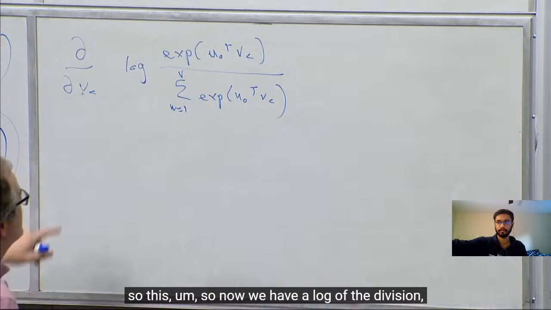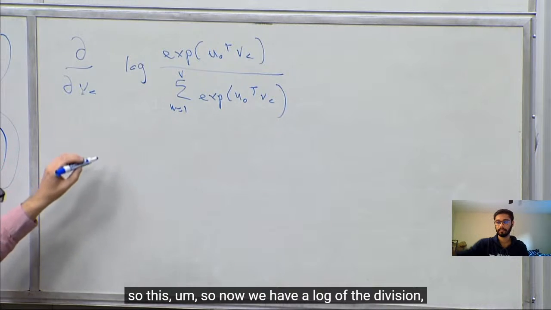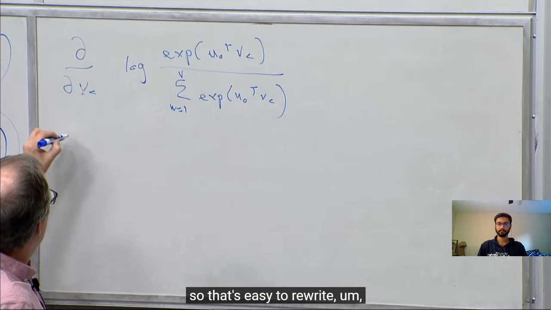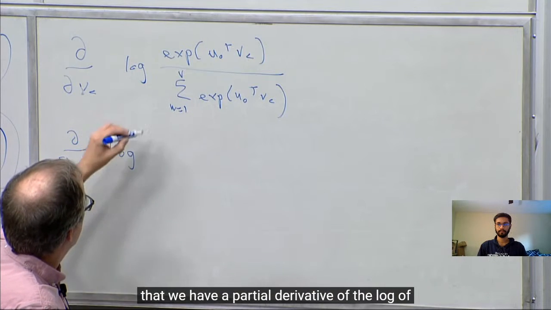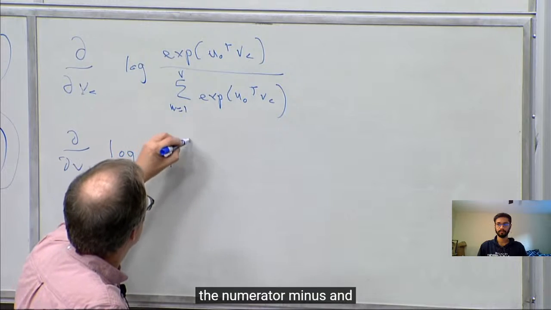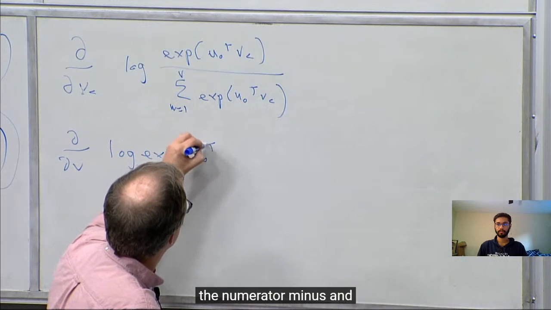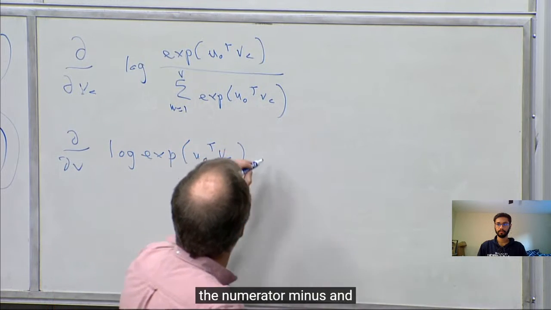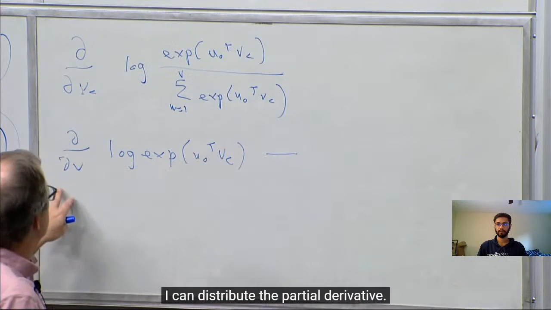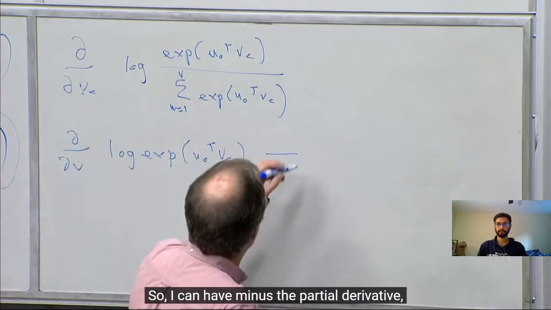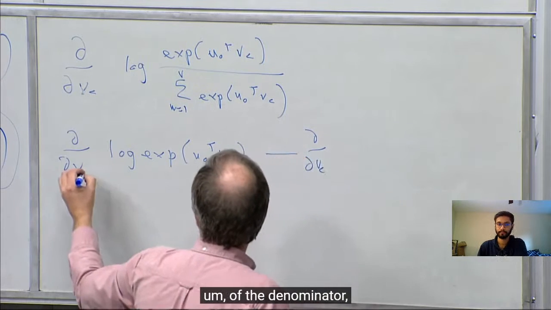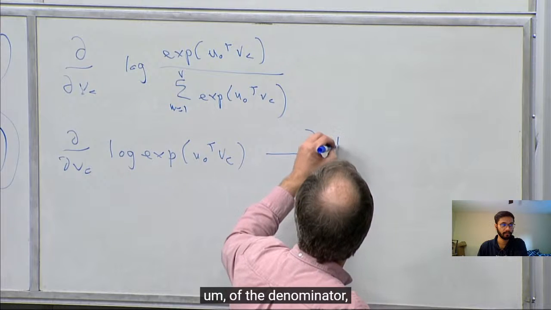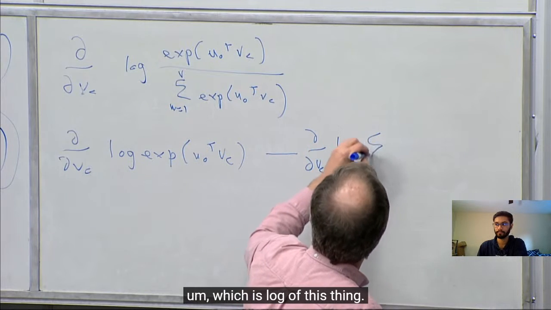Okay, so now we have a log of a division, so that's easy to rewrite: we have the partial derivative of the log of the numerator, minus, because I can distribute the partial derivative, the partial derivative of the denominator, which is the log of this thing.